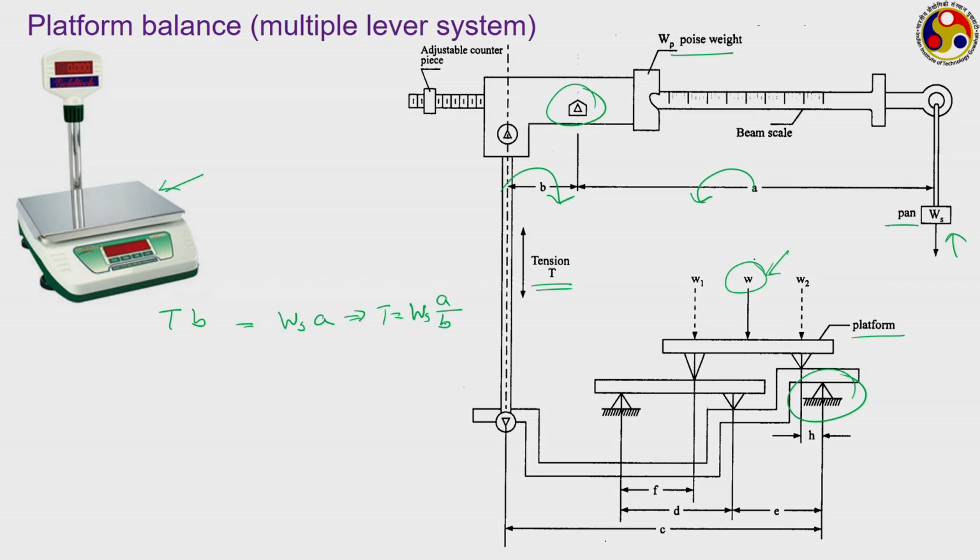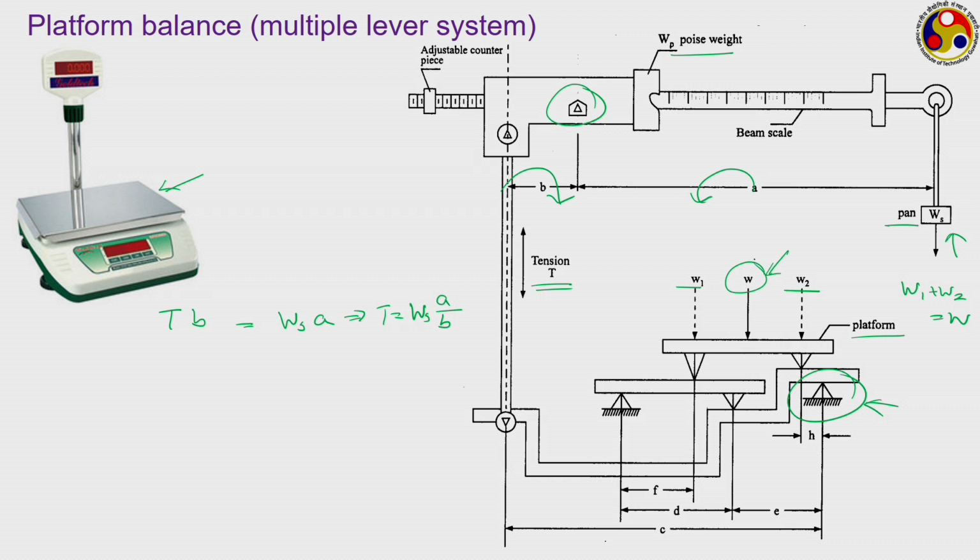Now, focus on the platform and let us take a moment balance corresponding to this one. This weight W can be considered to comprise two parts, one is W1, the other is W2. W1 plus W2 gives W, and their values can be anything, or the way we divide this W into two parts can be our choice.